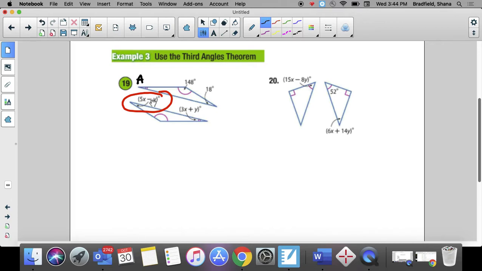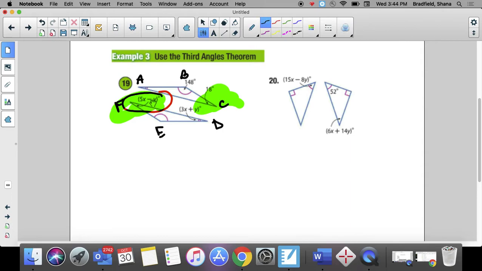I'll call this A, B, and C, and let's make this D, E, and F. Based on the congruence markers, angle A and D are congruent to each other, and B and E are congruent to each other. So by the third angle theorem, C, which is 18, would have to be equal to F, which is 5x minus y.